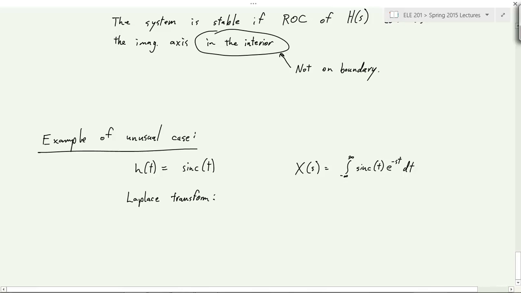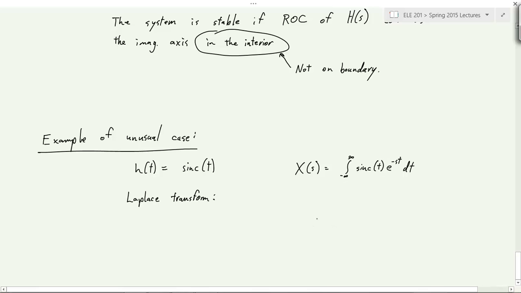So if the real part of s is strictly positive, if sigma is positive, we have a decaying exponential, which should be fine in terms of convergence on the right side. But it's going to mess up convergence on the left side. So for positive sigma, this won't converge because of the left side of sinc.